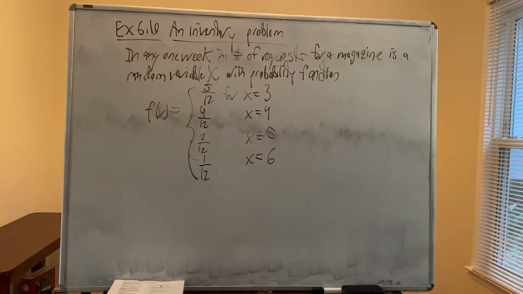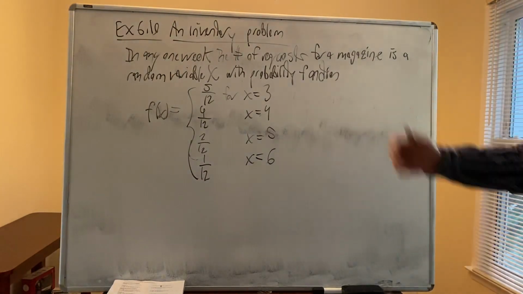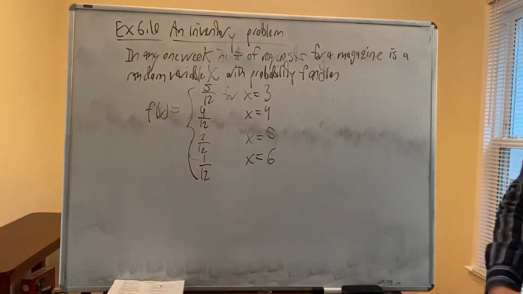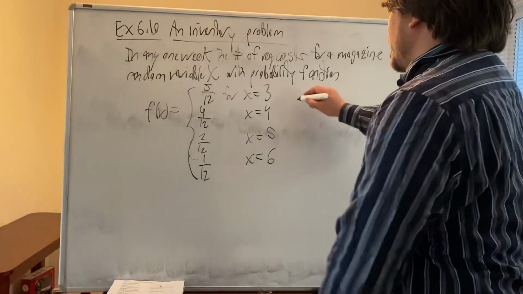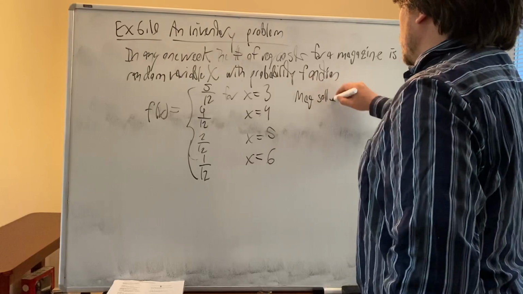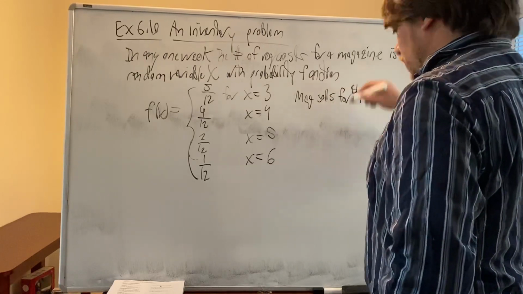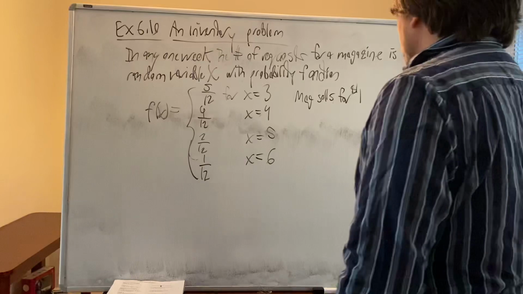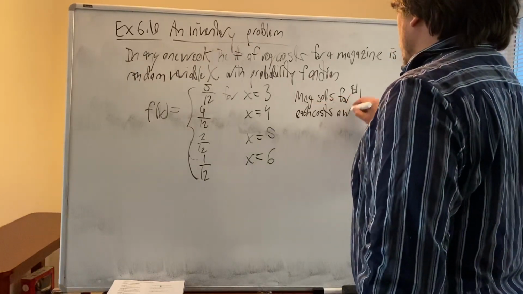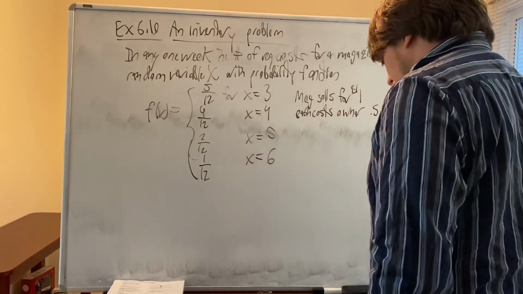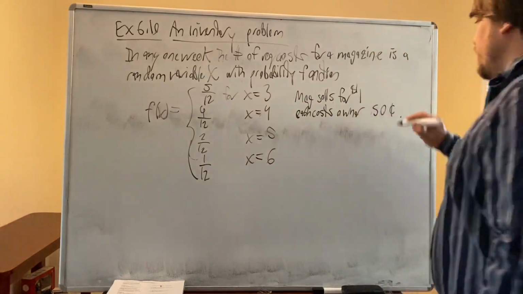Okay, so in any 1 week, the number of requests for a magazine is a random variable x with probability function f of x equal to that piecewise function. The magazine sells for $1. Each costs the owner 50 cents.